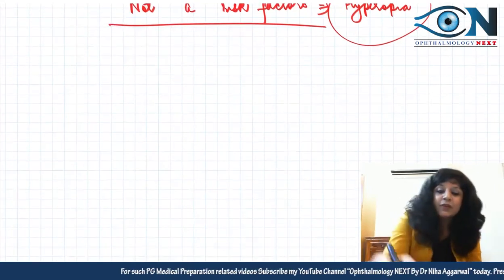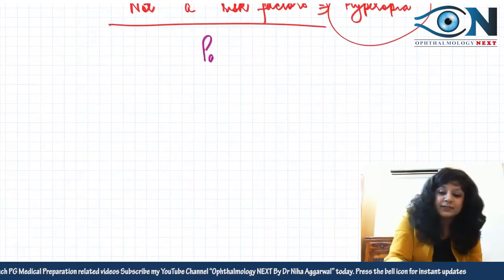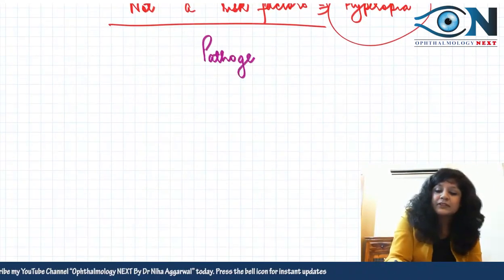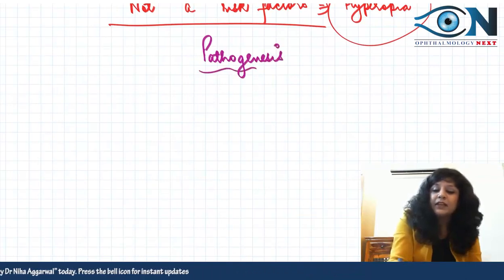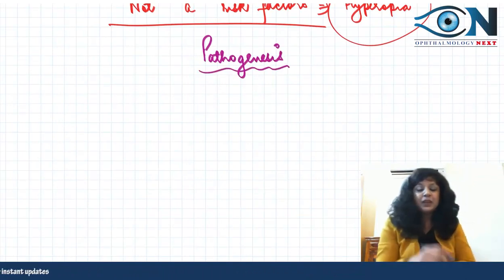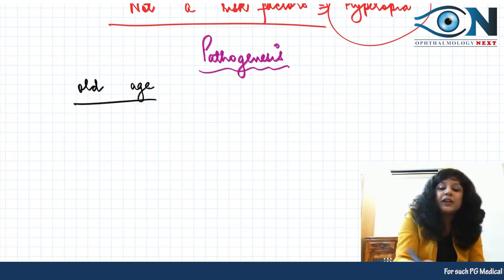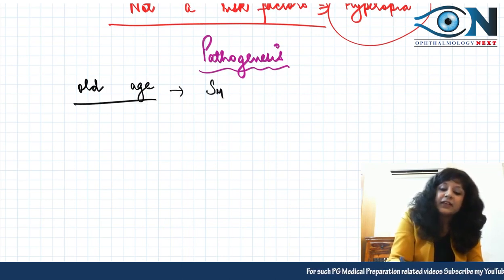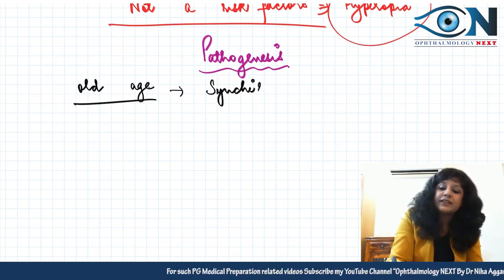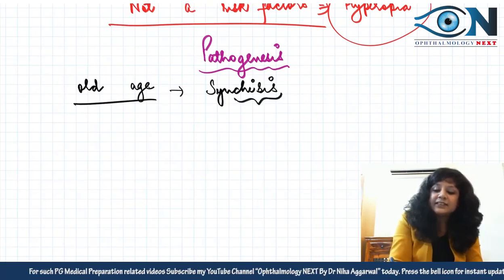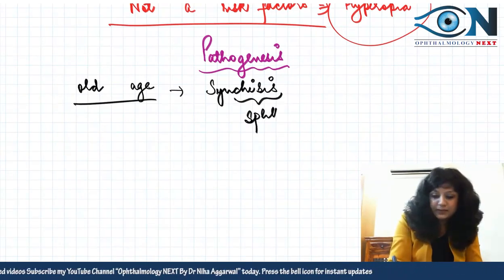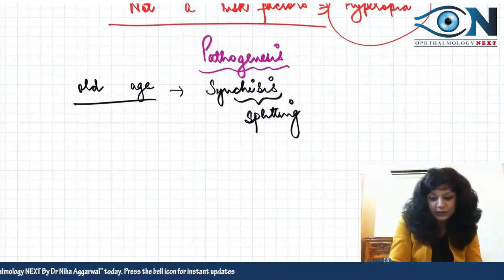Now let us see what the pathogenesis is. Why actually is it more common in old age? Okay, so first of all, what happens due to old age? Due to old age, you must have heard that there is something called synchysis. Schisis means splitting. Synchysis or splitting.